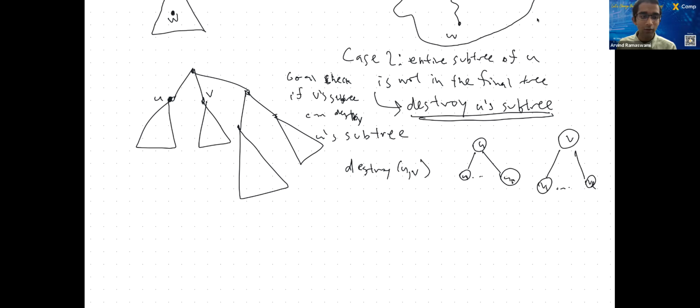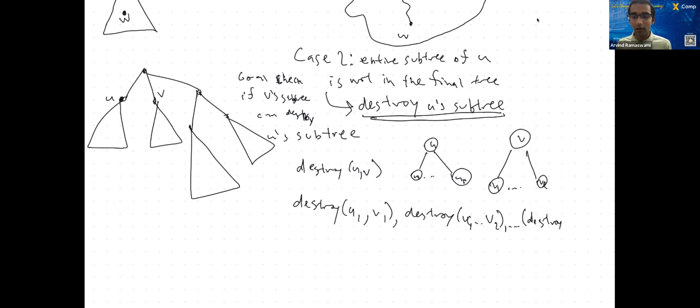Let's say you want to destroy U's first child: you try destroy(U1, V1), destroy(U1, V2), iterating over candidates of these children that will be responsible for destroying U1, up till destroy(U1, VL).